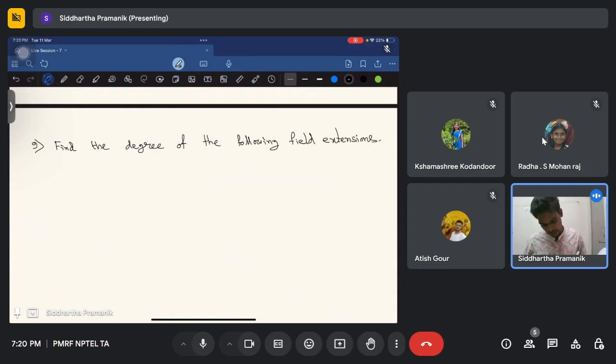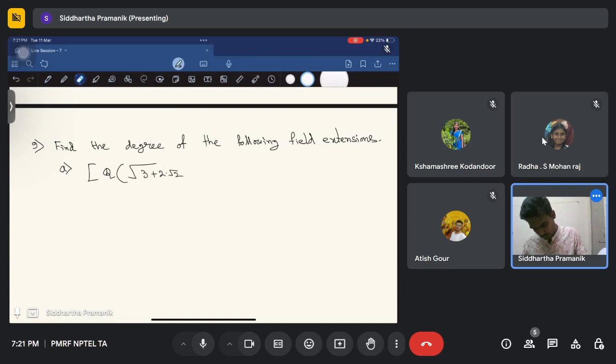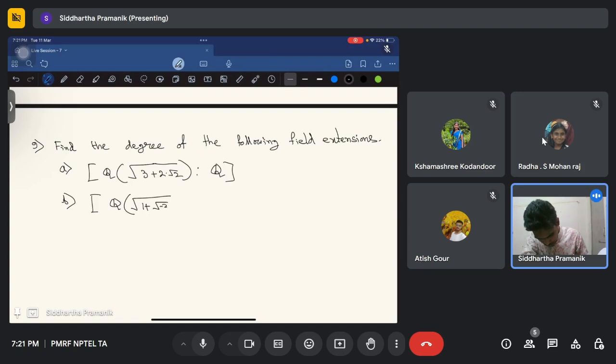The first one: you take the field Q and attach 3 plus 2 times root 2, and find the degree of this field over Q. The second one: you take Q and attach square root of 1 plus square root of minus 3 plus square root of 1 minus square root of minus 3, and find the degree over Q. Let's do these two extensions.